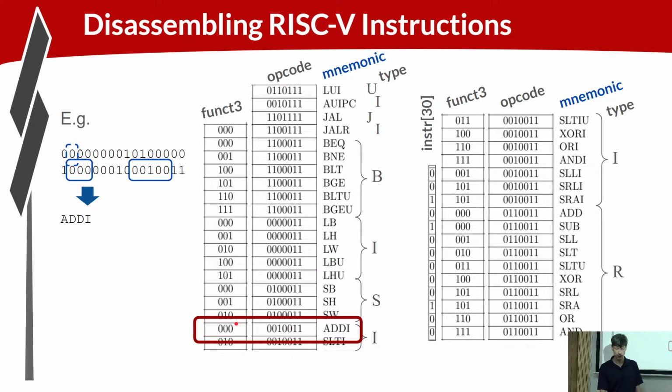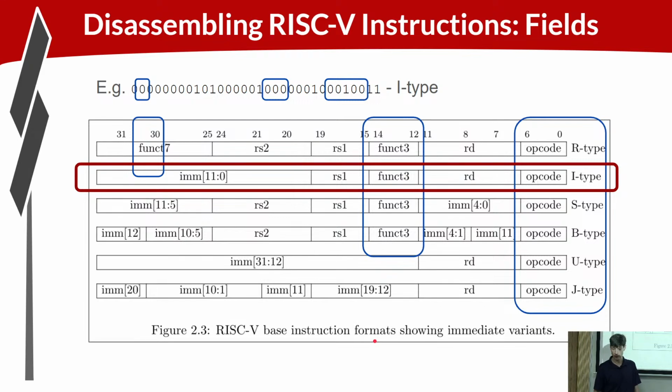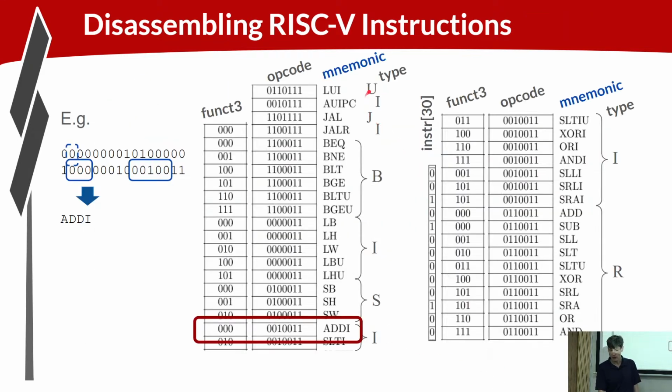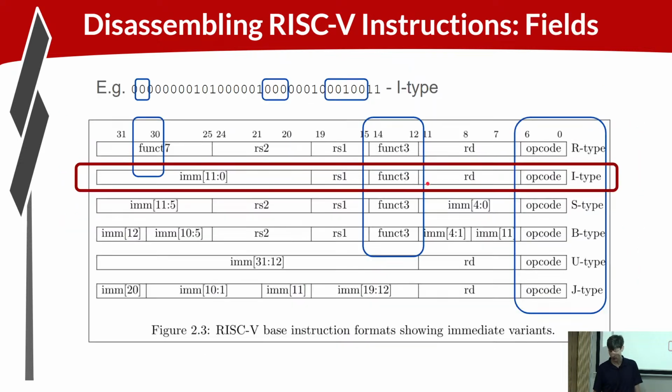That matches up with ADDI. Okay. So we know that we're an ADDI. And this says we're I-type, which matches up with what we found in this table. Basically, the types that I have listed here next to these tables are just a reflection of this table.